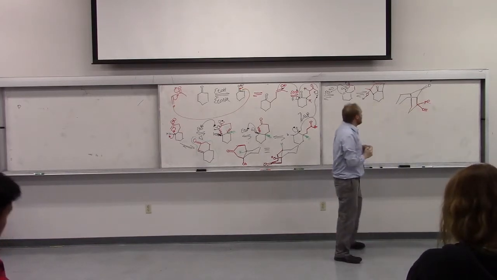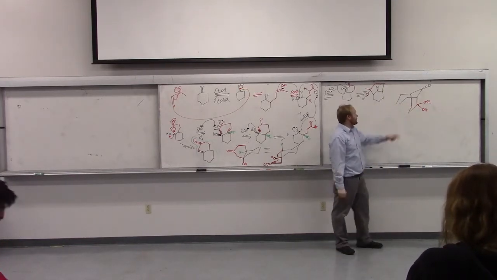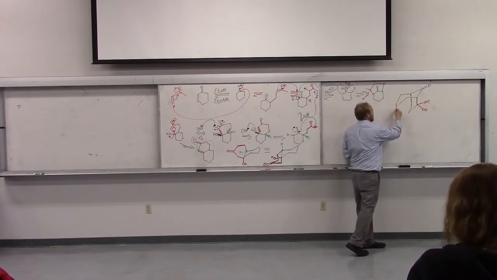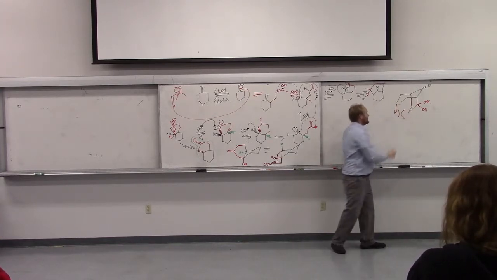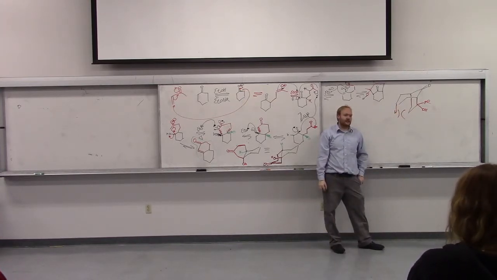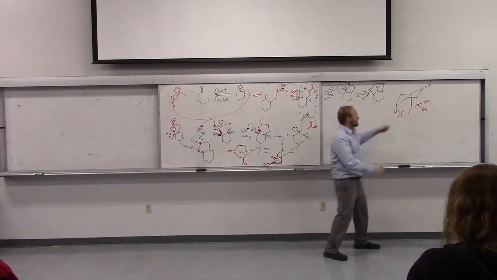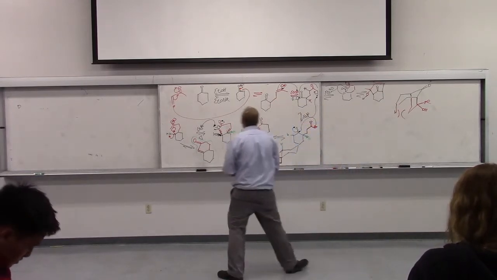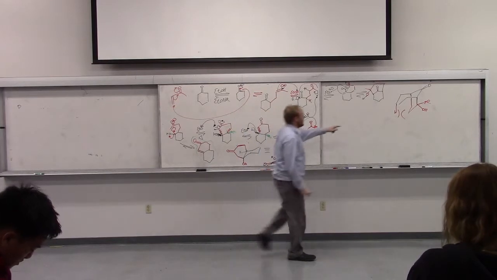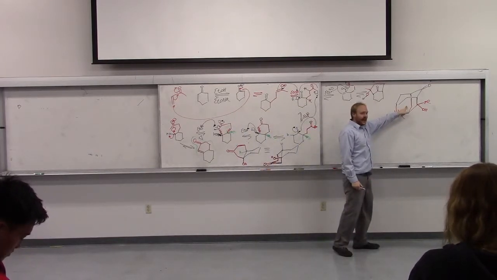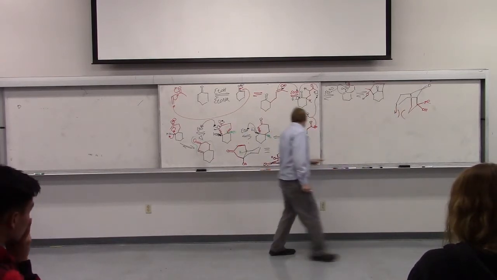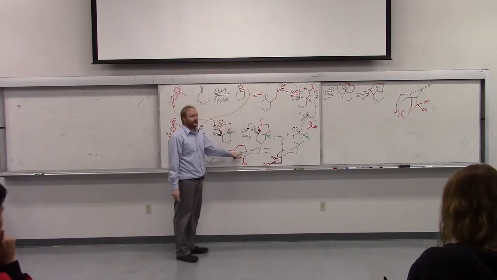So when we form this ring, both of these are in the axial position. And so there's going to be this big steric interaction. Because of this axial strain, this ring system is going to be less stable than this ring system.